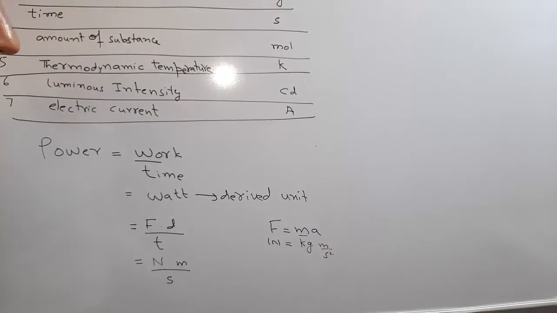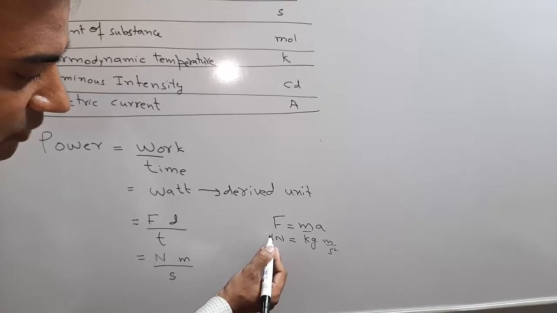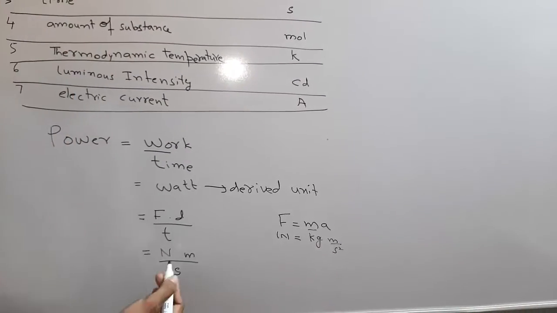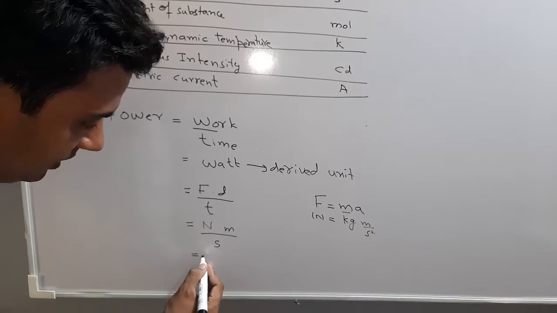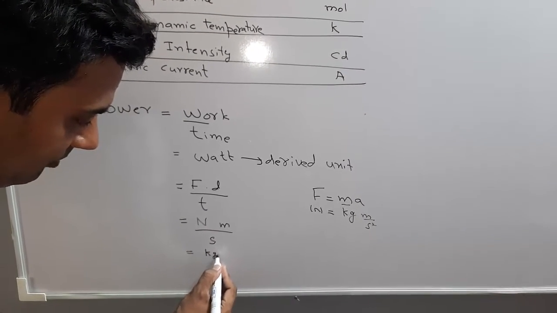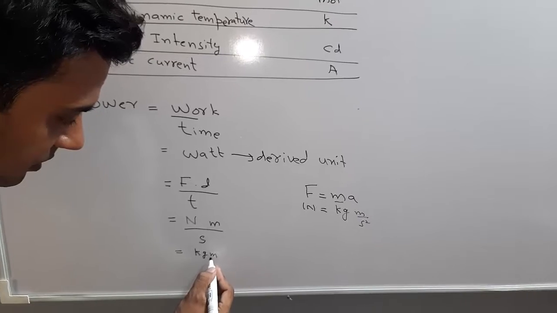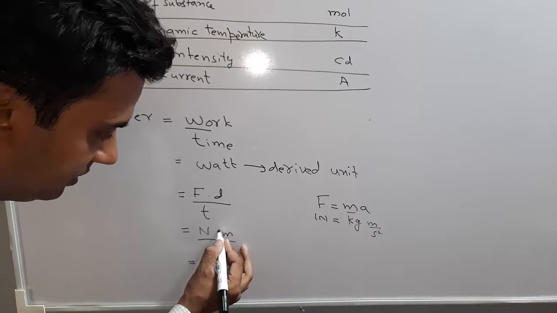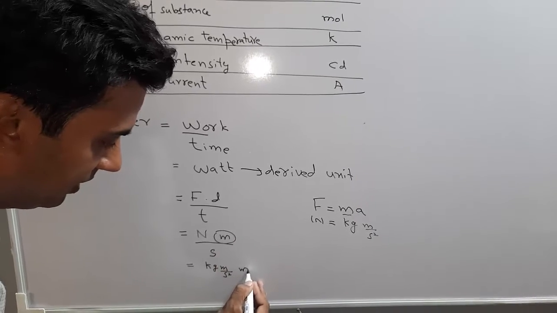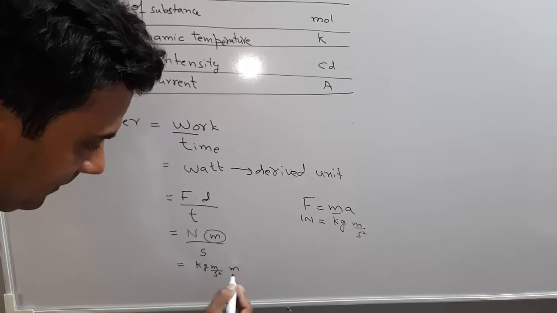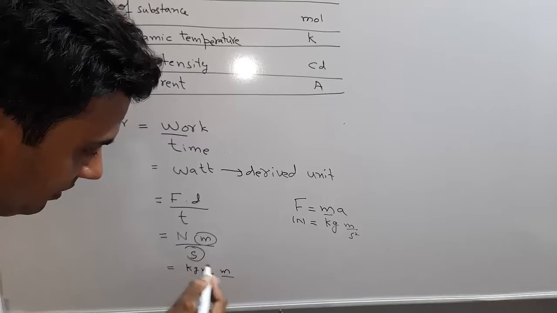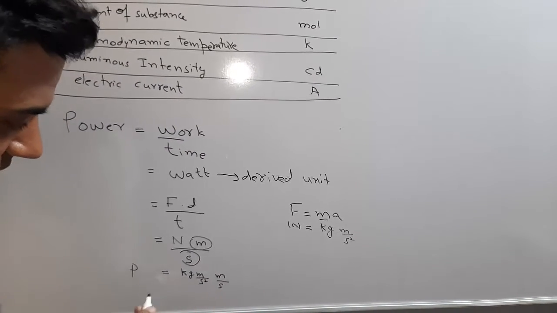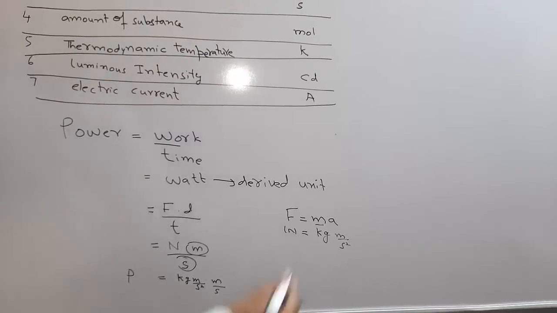So instead of writing 1 Newton, we can write kilogram meter per second square, and this meter we will write right here over second. This second we are writing right here. So power having the base unit, we are just going to simplify it right here.